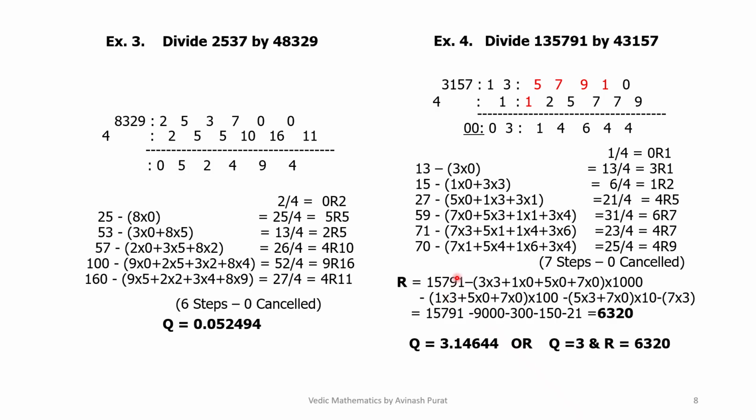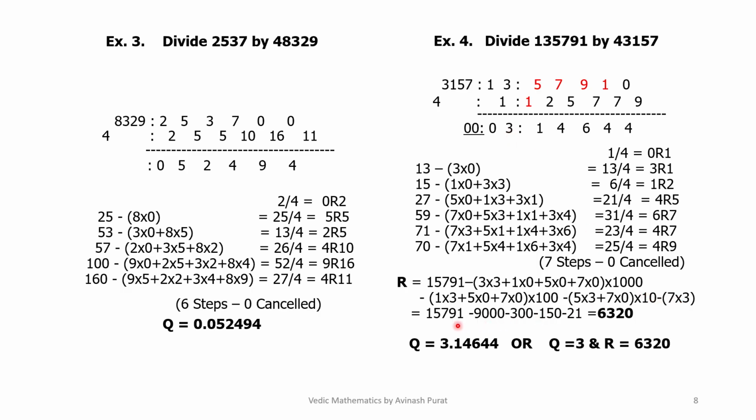Now the remainder: 15791 minus 3 into 3 plus 1 into 0 plus 5 into 0 plus 7 into 0, multiplied by 1000. Next is minus 1 into 3 plus 5 into 0 plus 7 into 0, multiplied by 100, minus 5 into 3 plus 7 into 0, multiplied by 10, and last is 7 into 3.